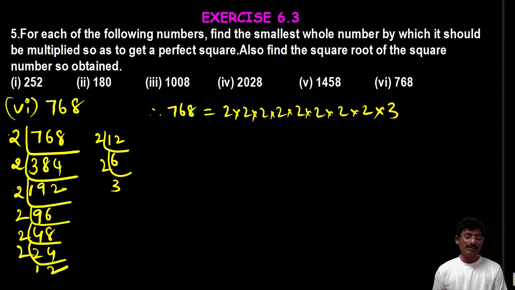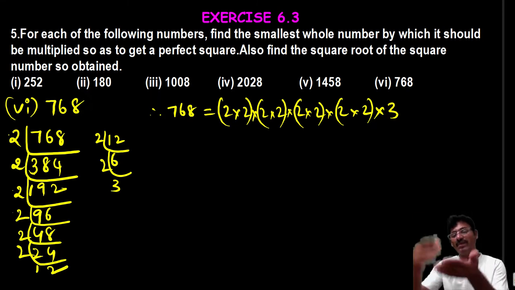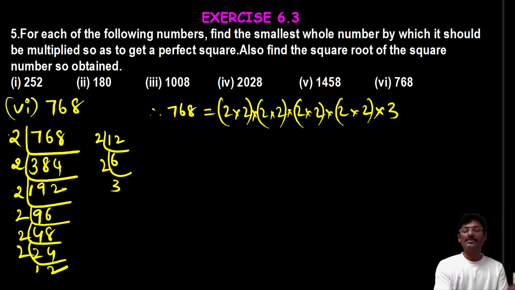Now let us try to make the pairs. So 2 into 2 is one pair, this is one pair, this is one pair, this is one pair, and oh, where is the pair for 3? No, there is no pair for 3. Then what shall we do? Okay, let us bring one 3 from outside and make it a pair.